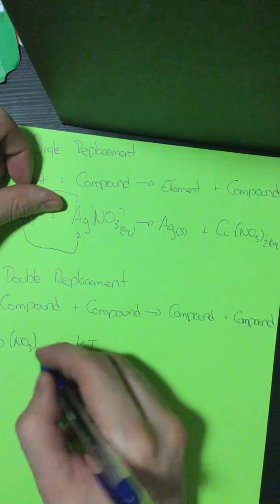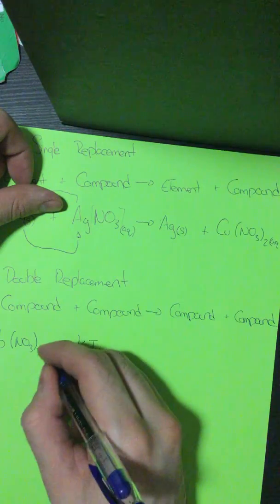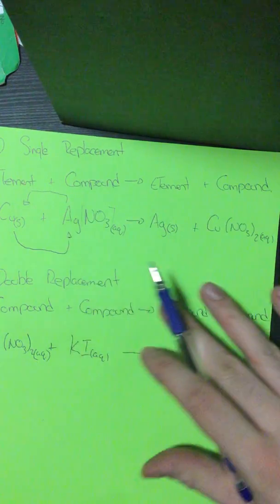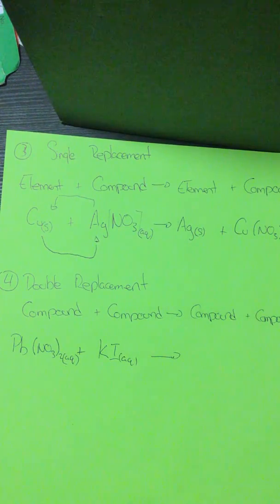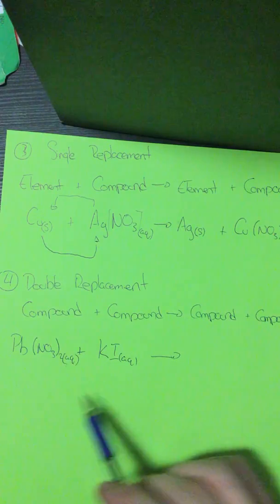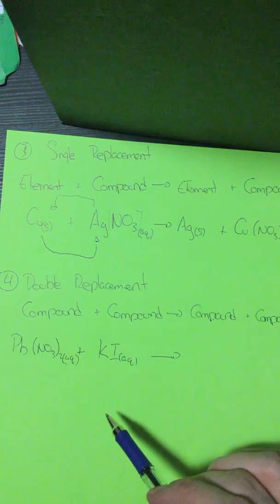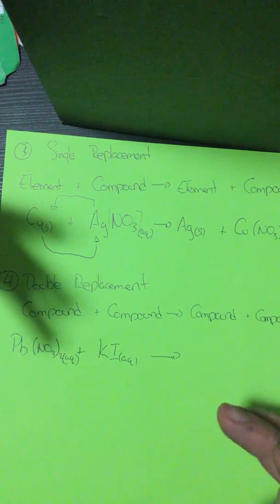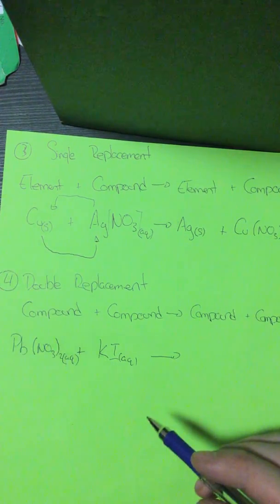These are both going to be aqueous. Now, in the other one, we concern ourselves with which one is going to take the spot of. But with a double replacement, they're both switching spots. So regardless of whether I switch the nitrate around or the iodine around or anything crazy like that, it's largely irrelevant because you always end up with the same two products.